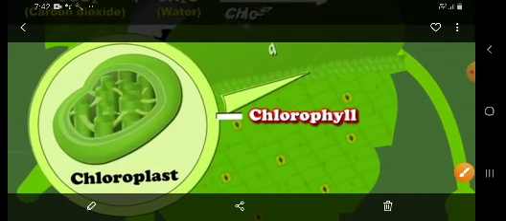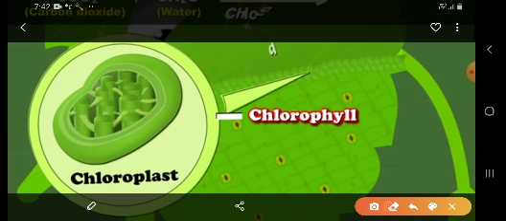Now, here this is chlorophyll. These are the green pigment which help the plant to absorb or trap sunlight, and because of this pigment the leaves have green color.